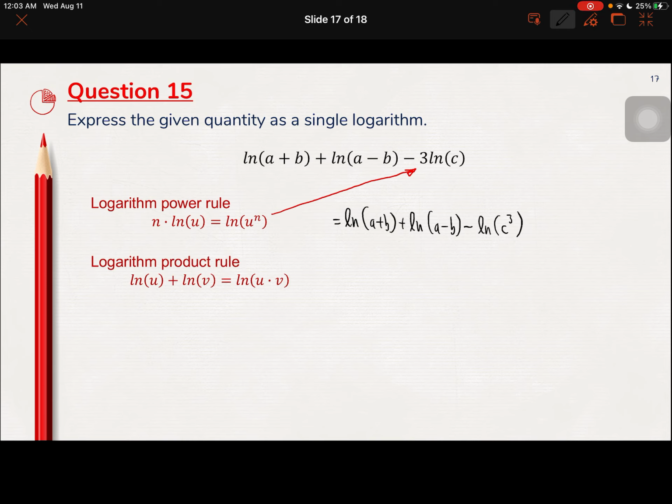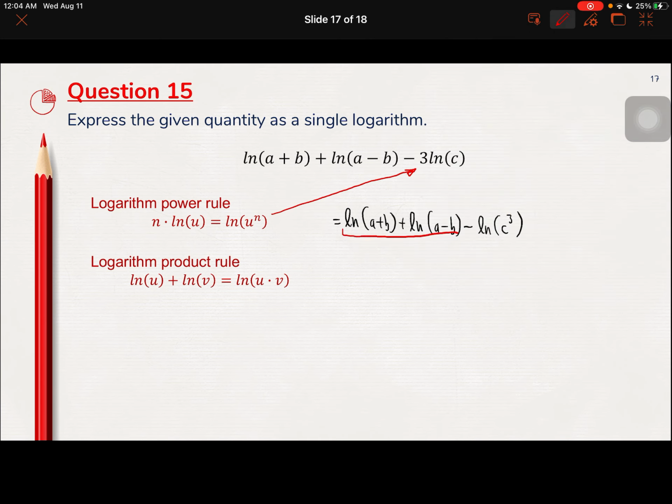Now I'm going to use the product rule, which says that when you have an addition of two logarithms, we can write that as one logarithm multiplying the arguments.